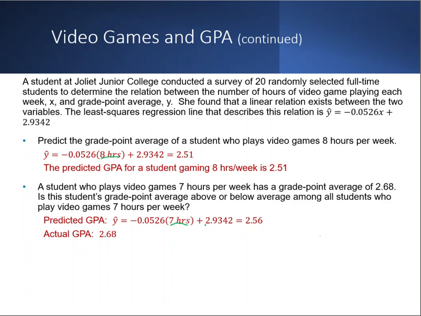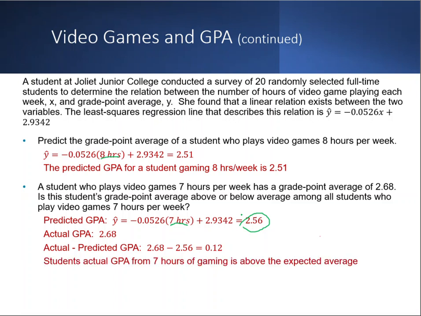In order to determine whether this student's GPA is above or below the predicted average, we subtract the predicted GPA from the actual GPA. So 2.68 minus 2.56 gives me a positive 0.12, and therefore we can say that this student's actual GPA from 7 hours of gaming is above the expected average.